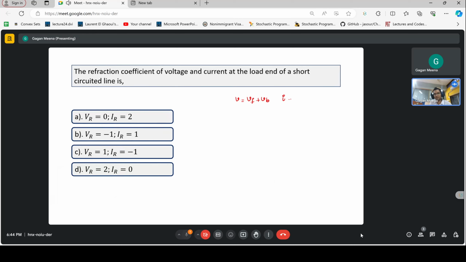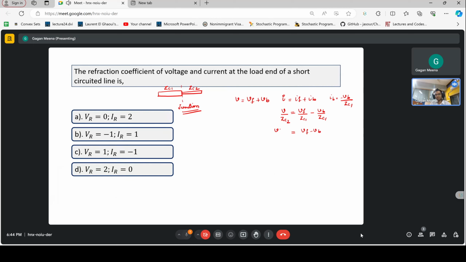Now from these two equations we can write 1 plus ZC1 divided by ZC2 is equal to 2 Vf. So the transmission coefficient for voltage is V divided by V forward, which equals 2ZC2 divided by ZC1 plus ZC2.